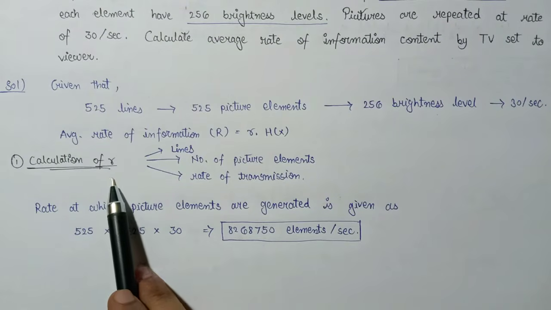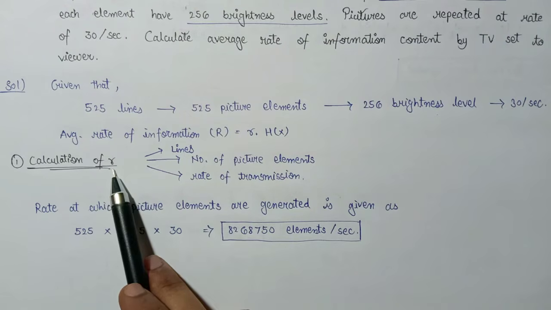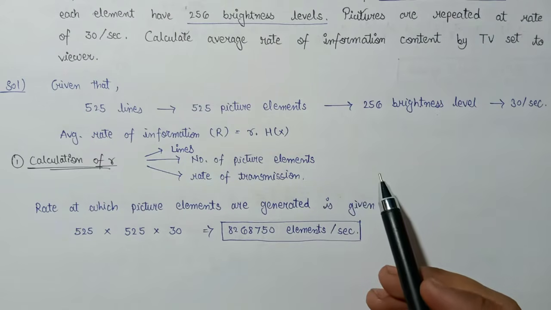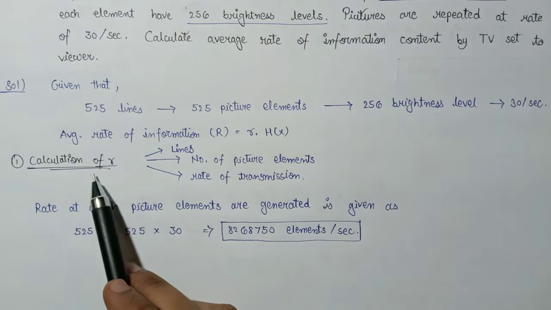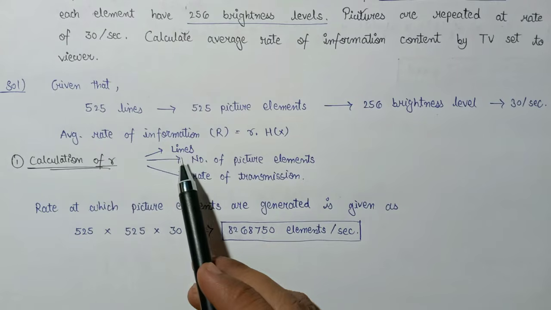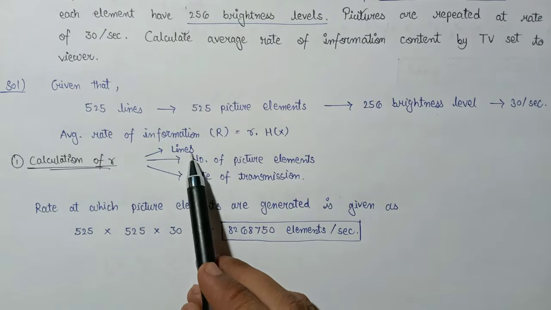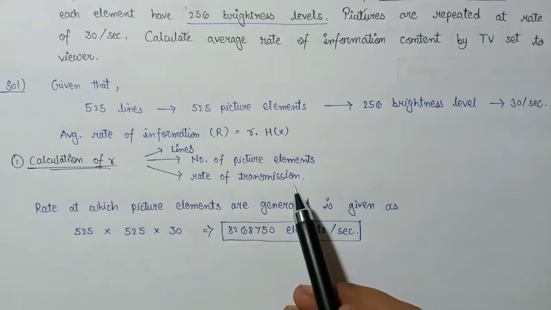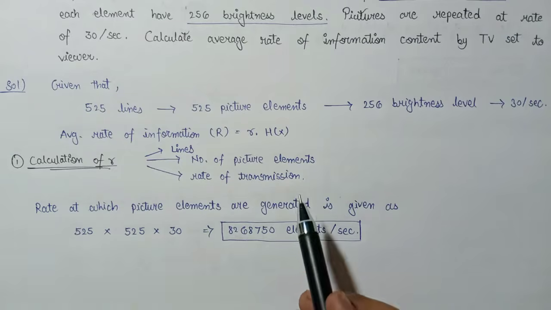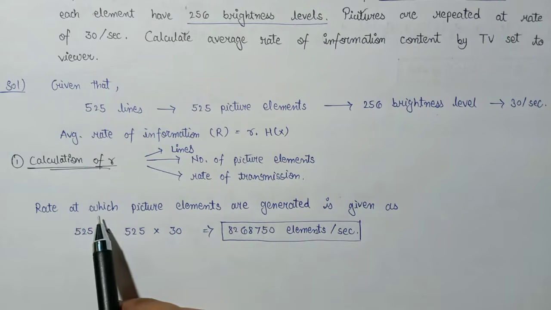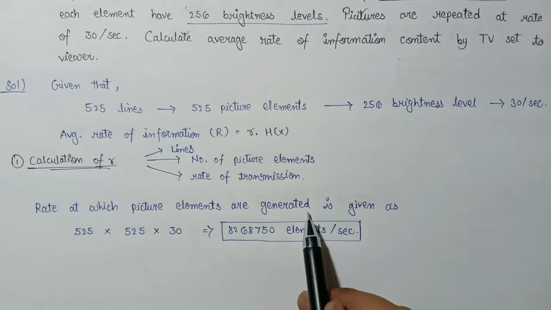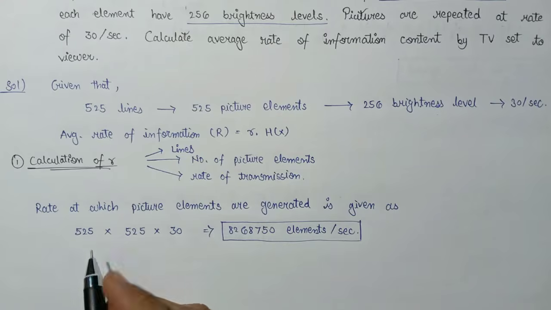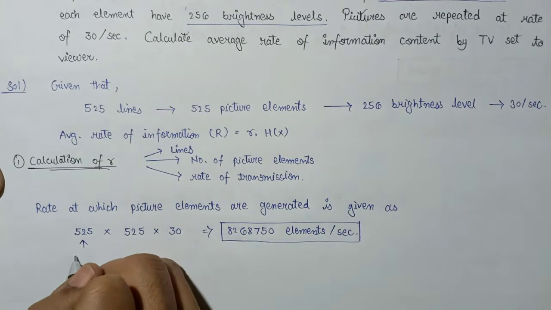So here is the calculation for small r. This small r specifies the rate at which the picture elements are transmitted by the television. The value of small r depends upon three factors: first the lines, second the number of picture elements, and third the rate of transmission of these picture elements. So first we write the value of the lines, that is 525.